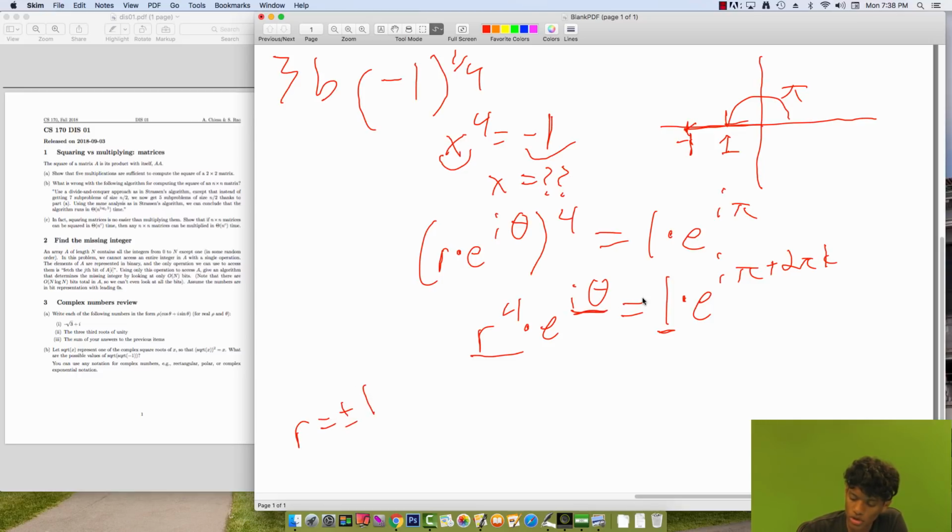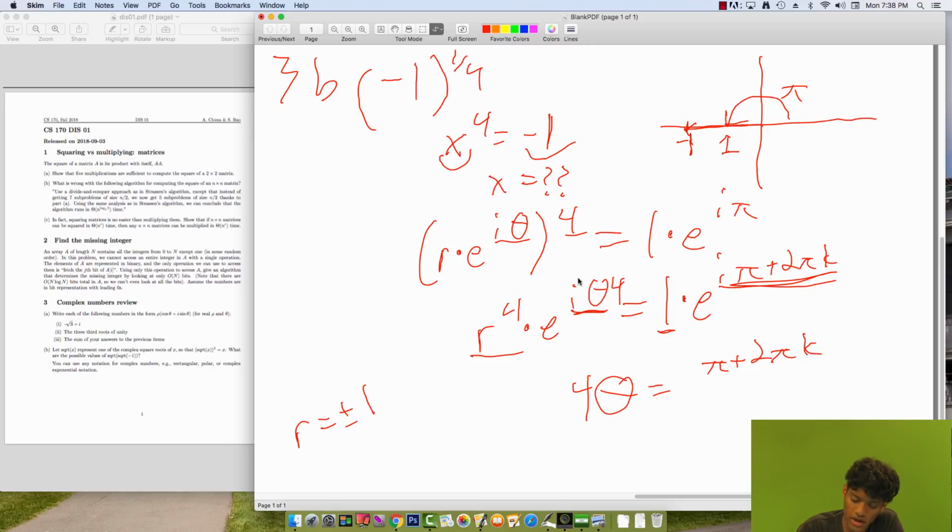And now we need to figure out what are the appropriate values for theta. So let's look at this exponent. We raised this whole thing to the power of 4, which means that we need to multiply the two exponents.